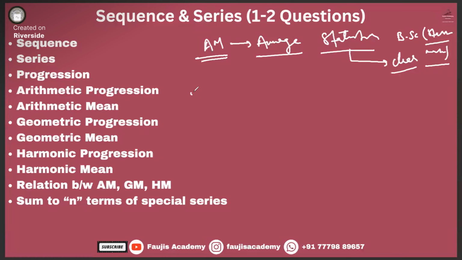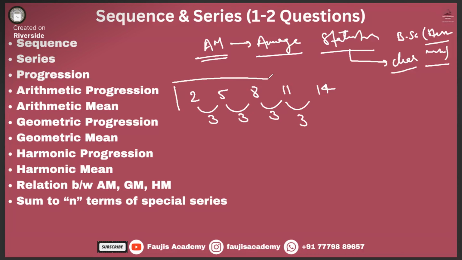Let's take an arithmetic progression: 2, 5, 8, 11, 14. The difference is 3 each time. What is the arithmetic mean of 2 and 8? This is nothing but 2 plus 8 divided by 2, which is 5, right?